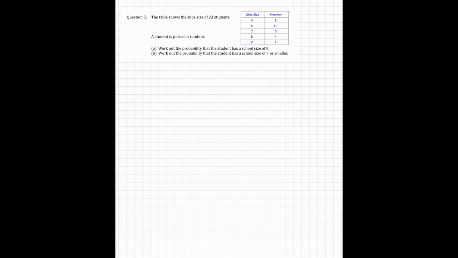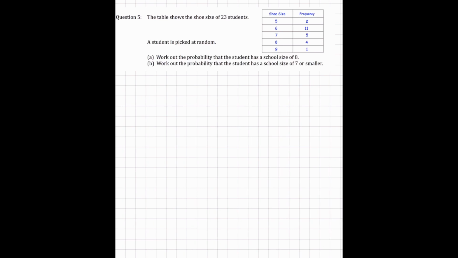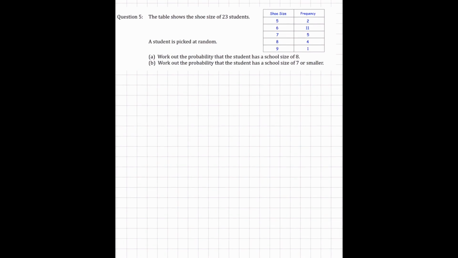Alright, last example. The table shows the shoe sizes of 23 students. So now we have shoe size 5, 6, 7, 8, and 9, and the frequency being 2, 11, 5, 4, and 1. A student is picked at random. Question A says, work out the probability that the student has a shoe size of 8. So we're looking for the size 8. How many have the size 8?